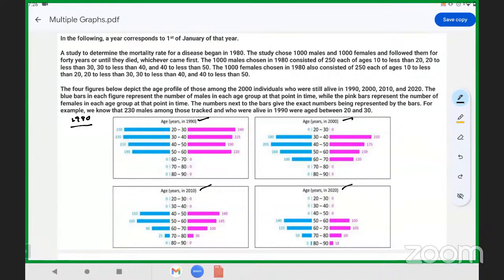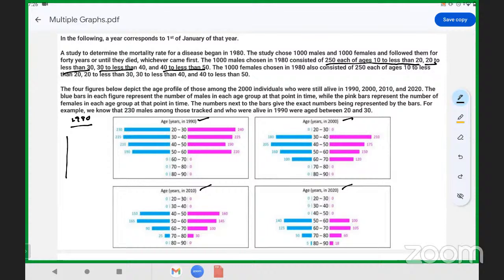The study chose 1000 males and 1000 females and followed them for 40 years or until they died, whichever comes first. The 1000 males chosen in 1980 consisted of 250 each of ages 10 to less than 20, then for 20 to 30 we'll have 250, 30 to 40, 250, 40 to 50, 250.